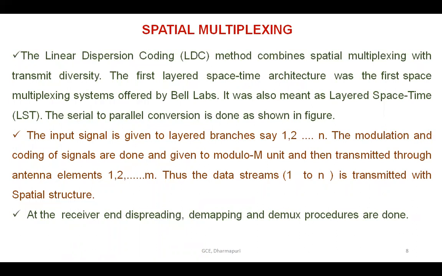The input signal is given to layered branches, say 1 up to n. The modulation and coding signals are then given to the modulator and transmitted through antenna elements 1 to m. The data streams 1 to n are transmitted in spatial structure.